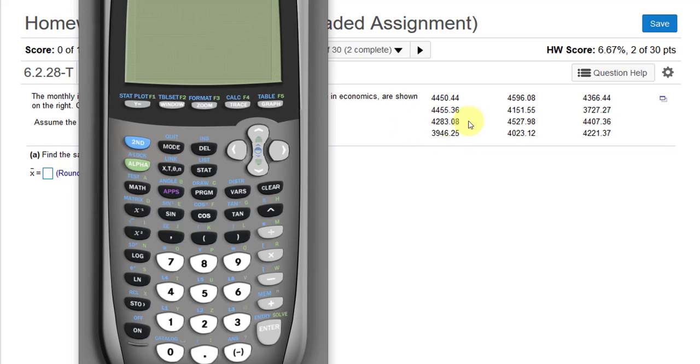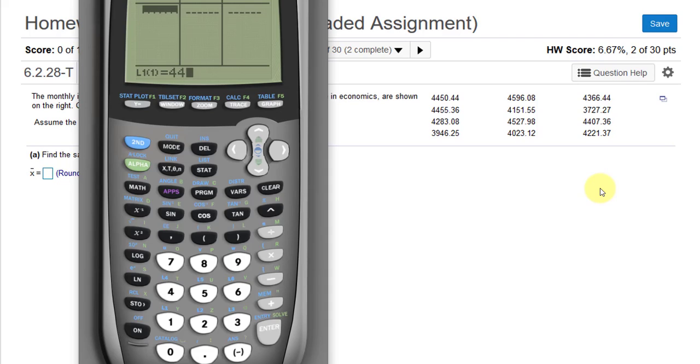Now, first thing is you can store all of your data into the list of L1, L2, L3. So to get access to the list, you go to Start, go to Edit, hit Enter, and then you store all the numbers into the list of L1.